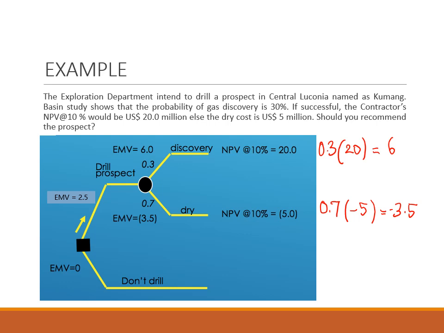So therefore, the EMV of drilling the prospect would be 6 plus negative 3.5, which is 2.5. If we compare the EMV of 2.5 with not drilling anything, which is EMV 0, that means this is greater than not drilling, so therefore you can recommend that you should drill the prospect.